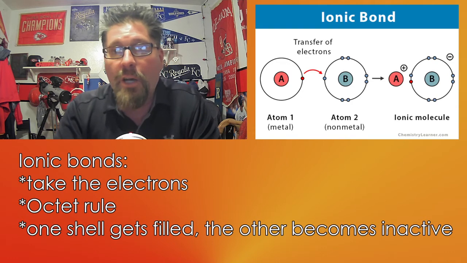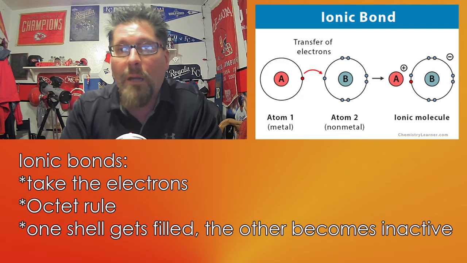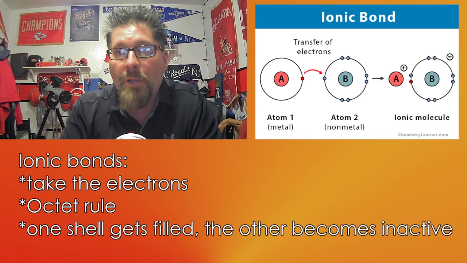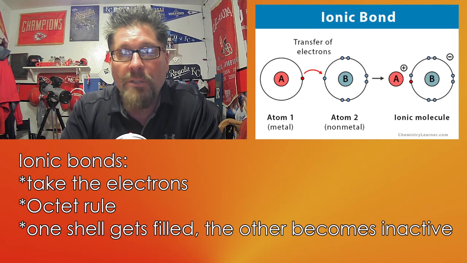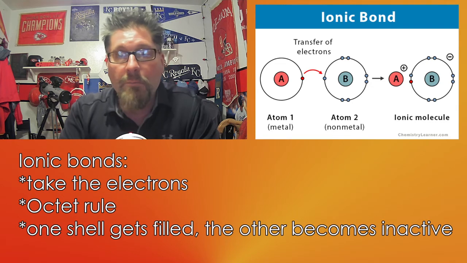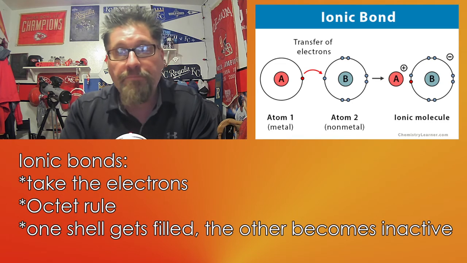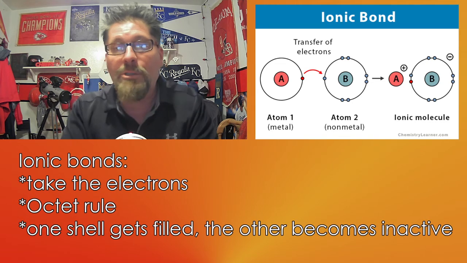But you can see in our diagram, atom 2 or atom B has 7 valence electrons on its valence shell, and atom A, the first atom, has 1. And so what happens?